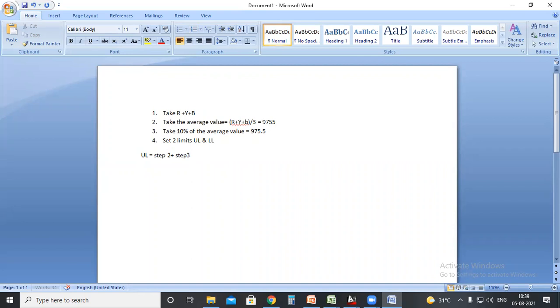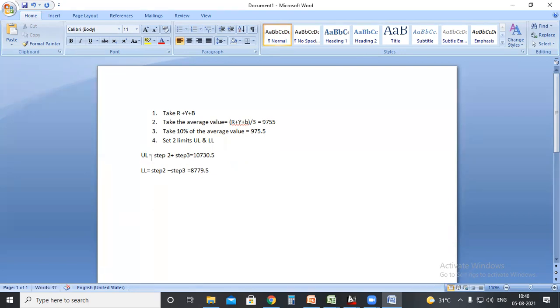Lower limit equals step 2 minus step 3. So can anybody tell the upper limit value as well as the lower limit value? Upper limit is 10,730.5. Lower limit is 8,779.5. So we got the two limits, upper limit and lower limit.